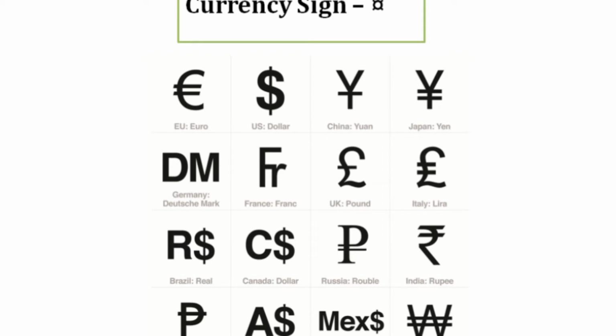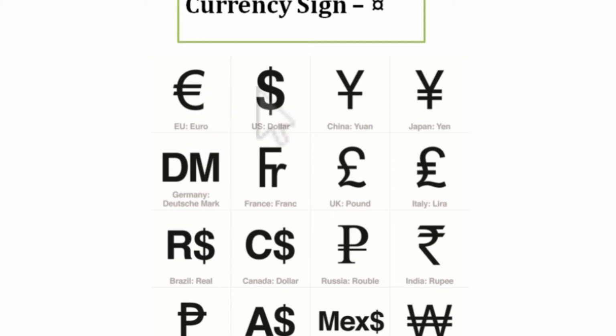These are the signs of different currencies. These are symbols which represent different currencies, and they are placed after the number. The first one is the sign of euro.